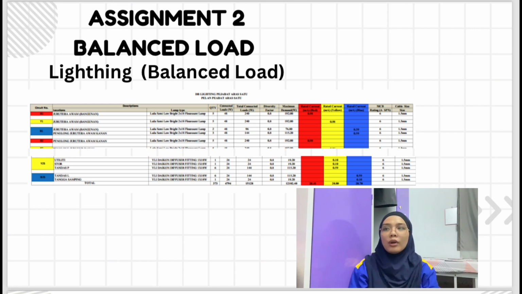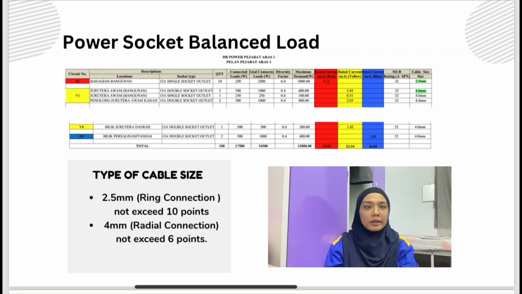For lighting balance load, each way cannot exceed 10 loads. So for one way, we focus on 10 bulbs only. For power socket balance load, there are two connections, which are ring and radial.